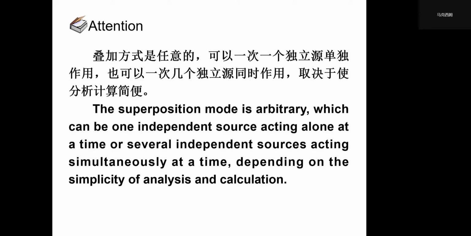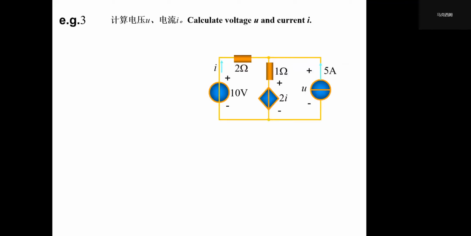Now we can take another example. This time we have a controlled source here. This one is a current controlled voltage source, and its control variable is the current of this 10 volt voltage source.